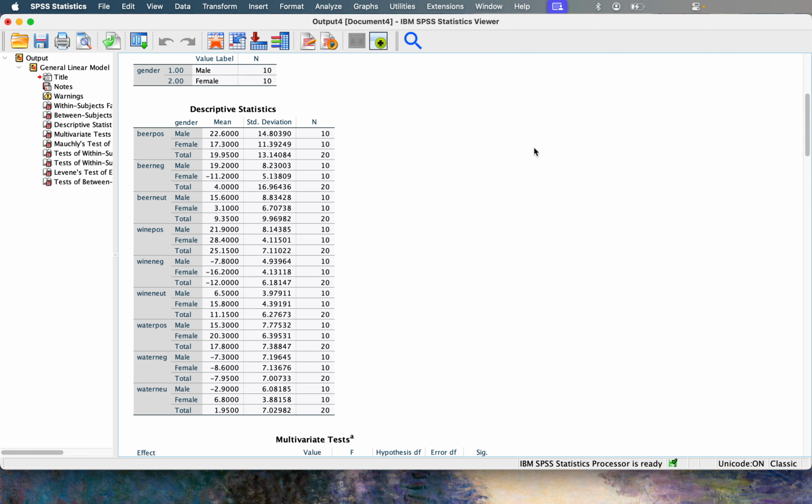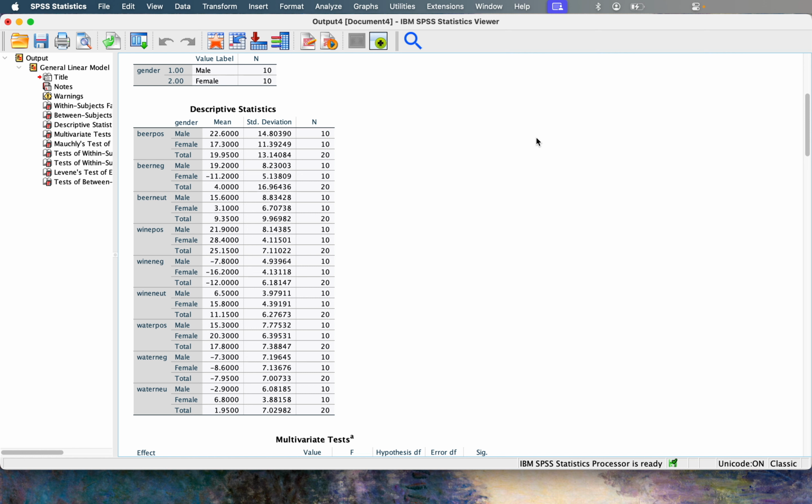We see there that wine, the mean is 25.15 with standard deviation of 7.11. Females rated it higher than males, which I'm not surprised. Beer was rated favorably, particularly with males, mean of 22.60, standard deviation of 14.80. And water was rated higher by females with a mean of 20.30 and standard deviation of 6.39.